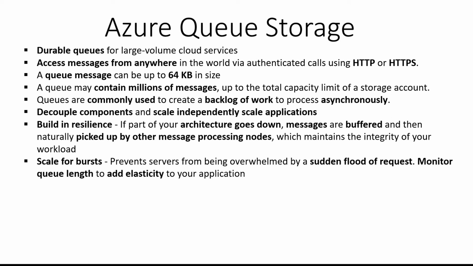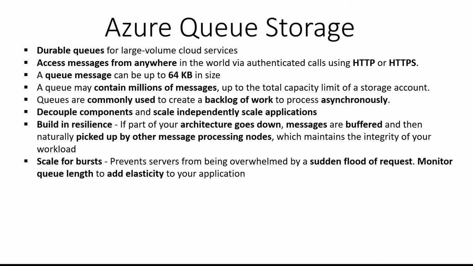Scale for bursts: if there is sudden incoming information, it can still maintain the queue length. There is also a limitation to this pipe in between. Even this pipe can hold only a limited number of messages. But if your input on one side is going super high, then this pipe also has to be made bigger so it can store more messages.